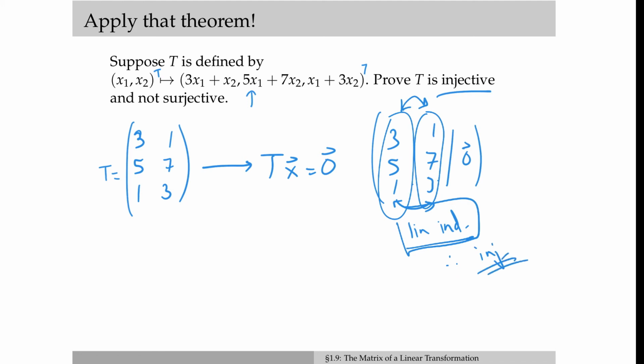All right, now surjectivity. Well, surjectivity is actually pretty trivial. What dimension space am I staying in? These vectors sit in R3. The greatest number of pivots I could actually achieve from T would be 2.